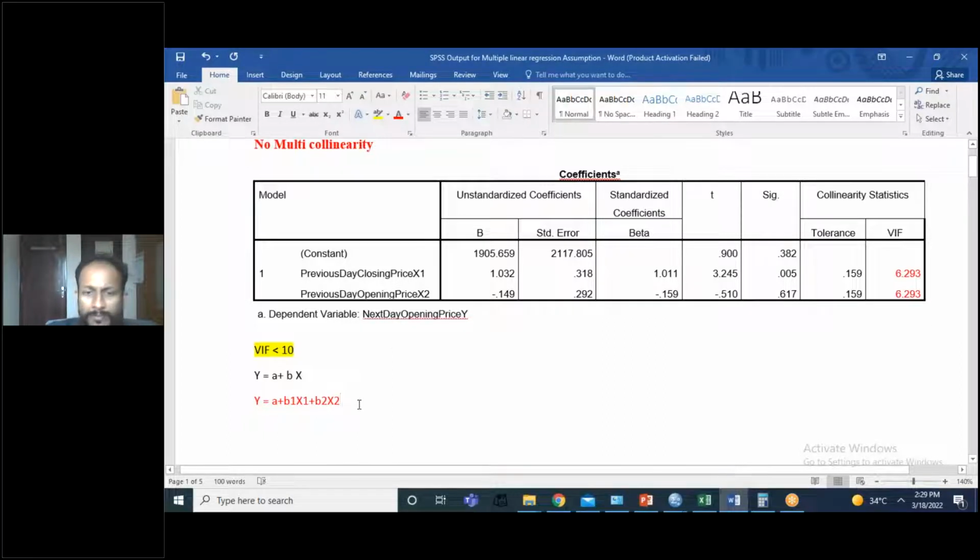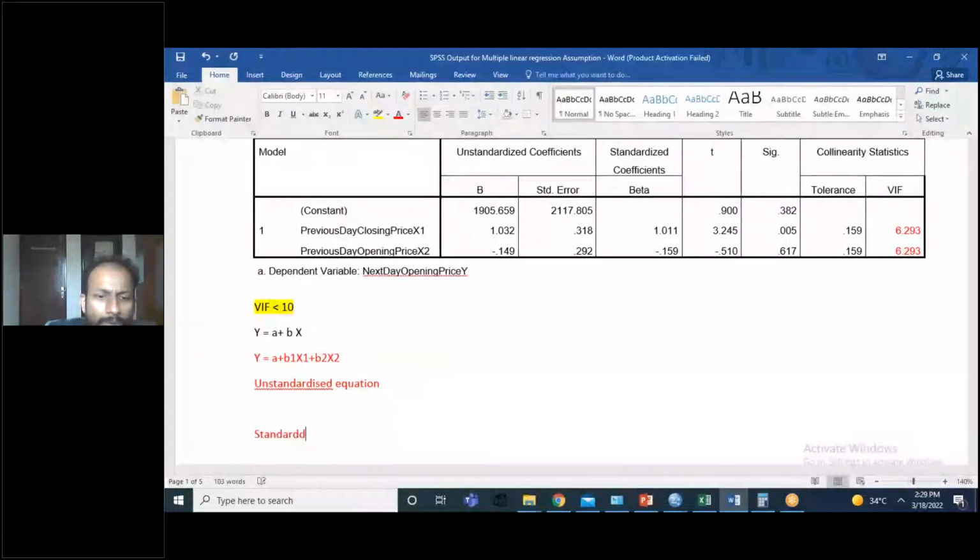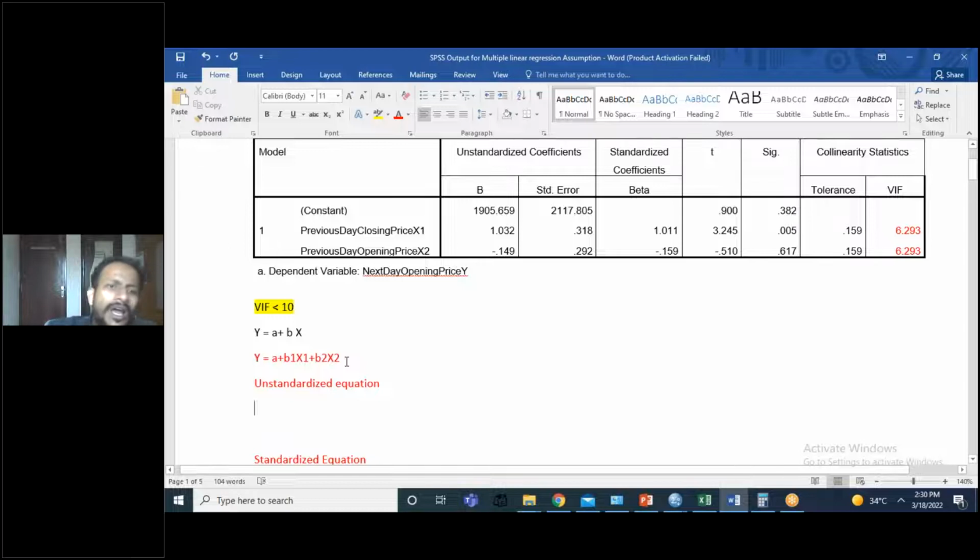Now, how do I substitute it? We can write two types of equation: one is the unstandardized equation, and the other one is the standardized equation. For the unstandardized equation, we just have to substitute the respective values in this main equation.